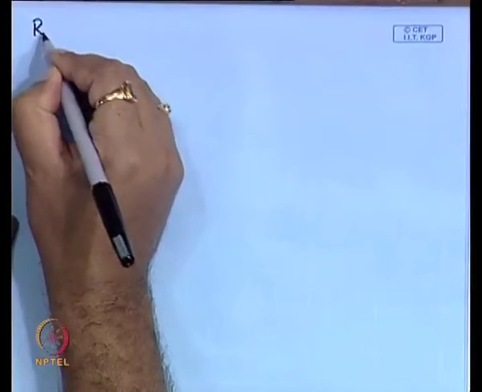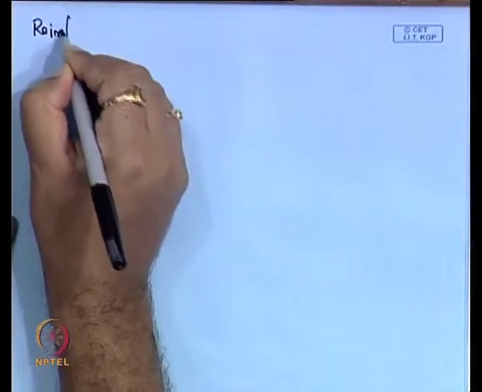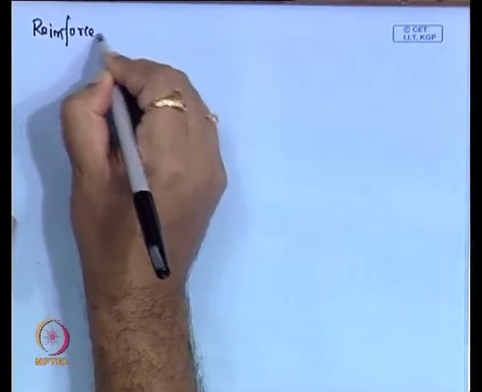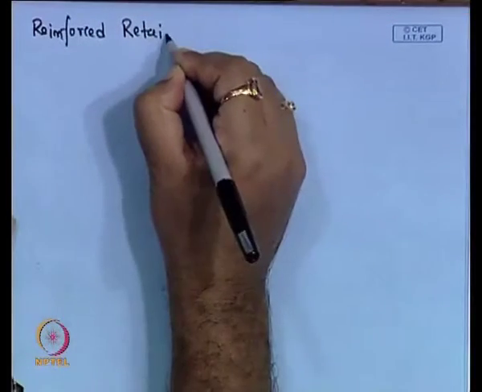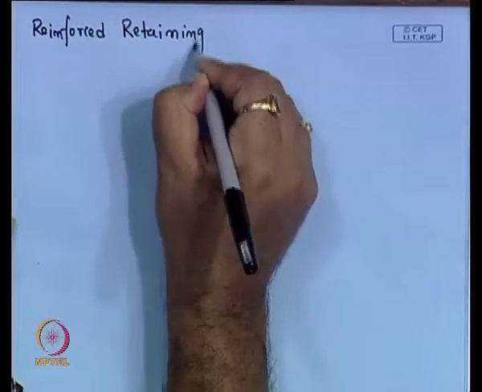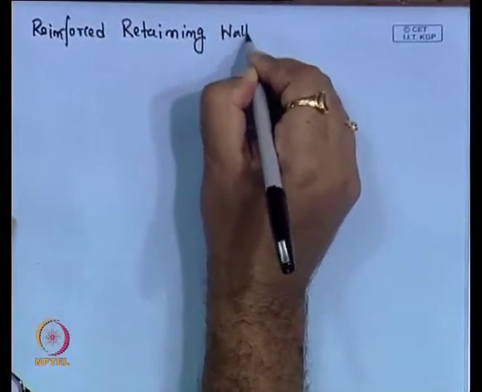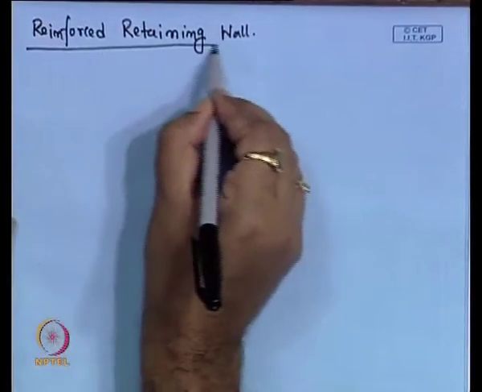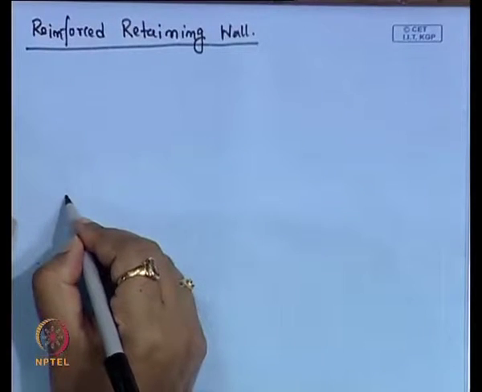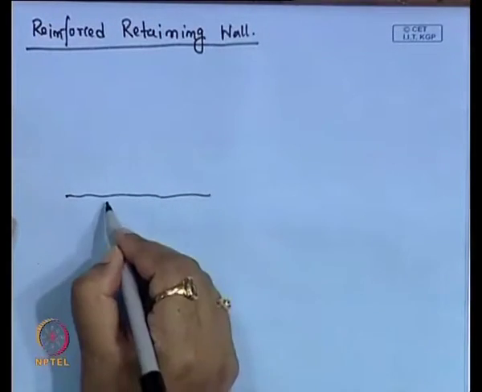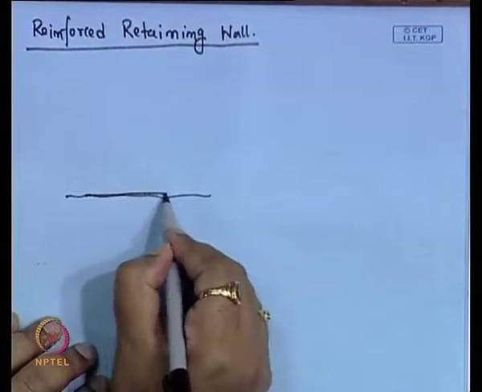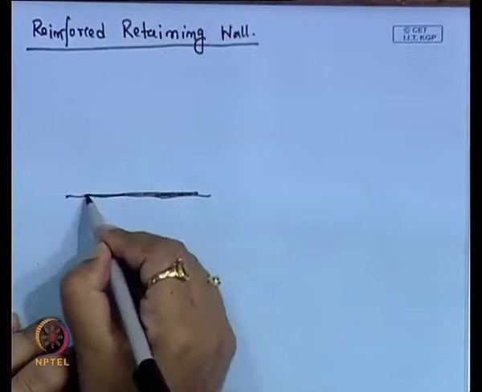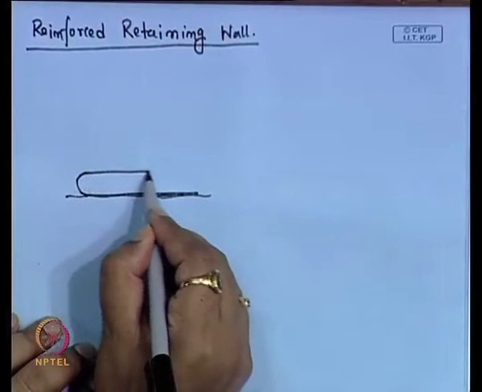Now, first, if I go for the reinforced retaining wall, I have discussed that suppose this is an existing ground, then above that we will construct this reinforced retaining wall. We will place one reinforcement here, then we will place another reinforcement here.